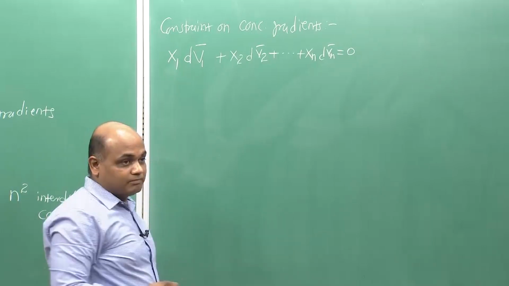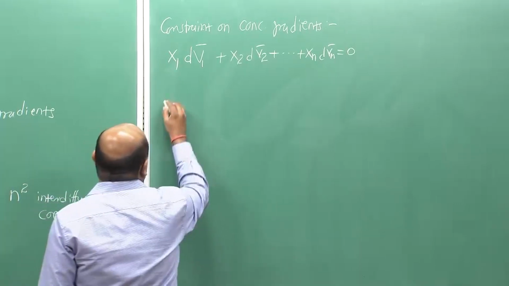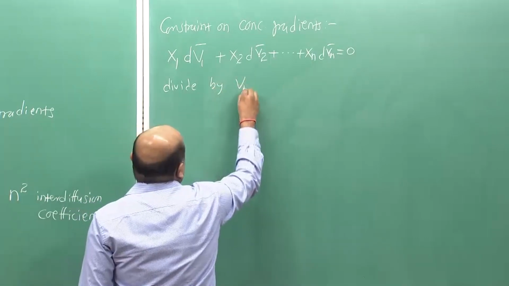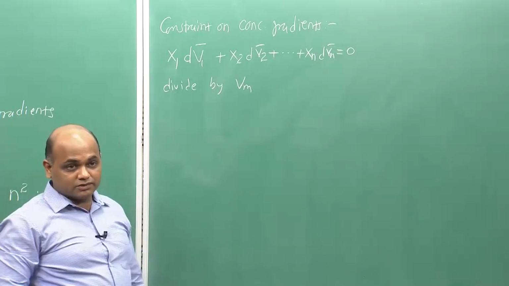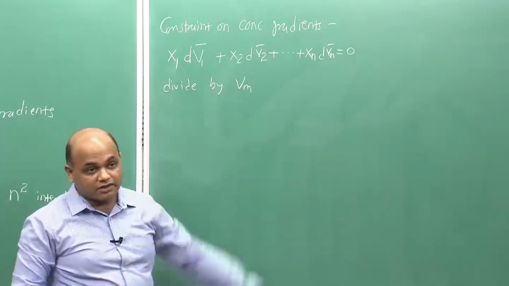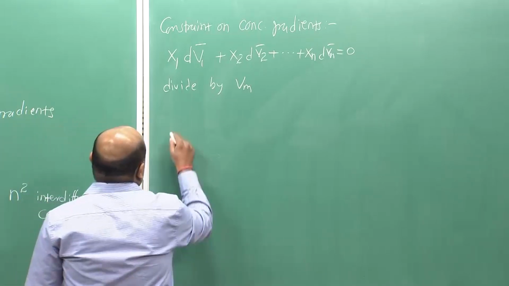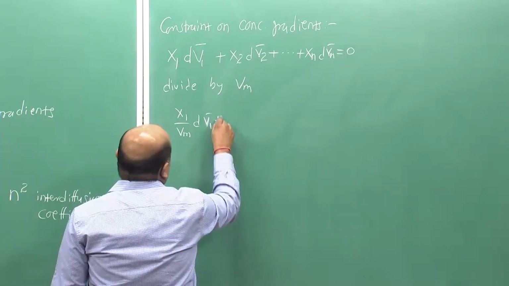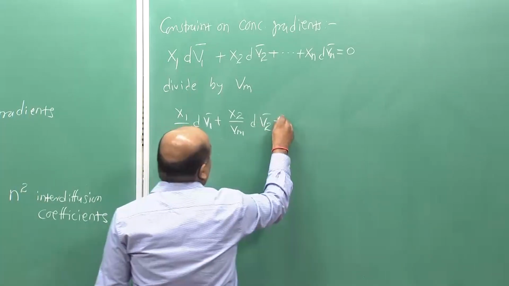So, we divide both sides by Vm, which is the molar volume. V1 bar, V2 bar here are the partial molar volumes of components 1, 2 up to component n, and x1, x2 denote the mole fractions of components 1, 2. So, we can write x1 by Vm dV1 bar plus x2 by Vm dV2 bar and so on.